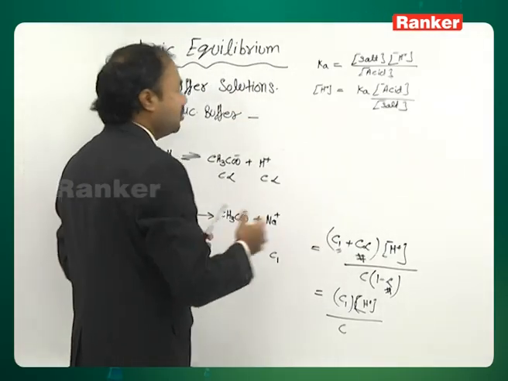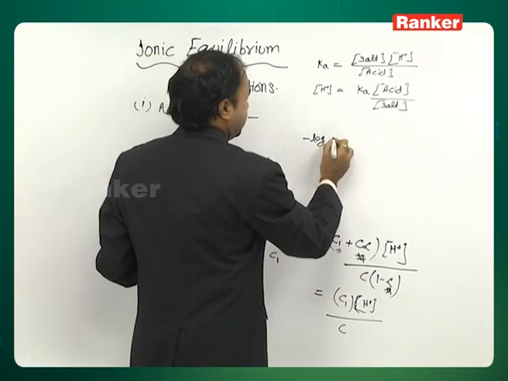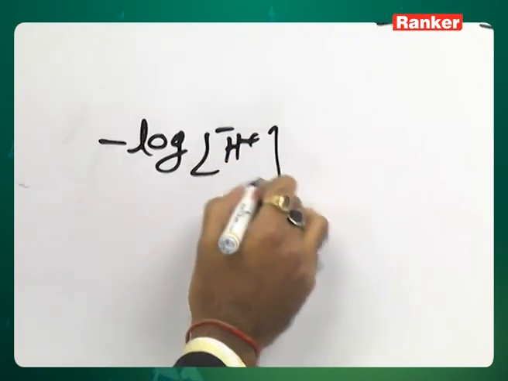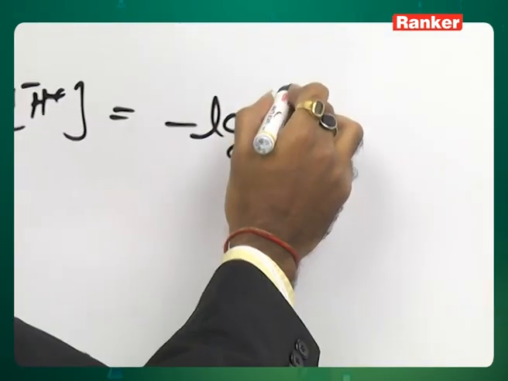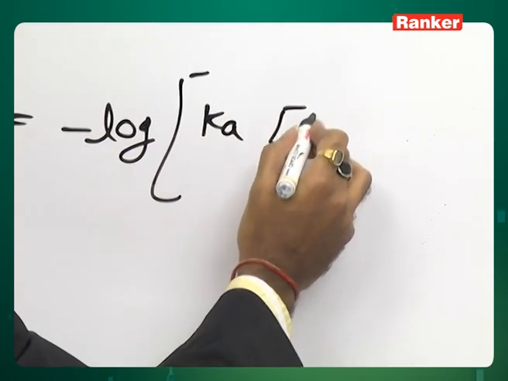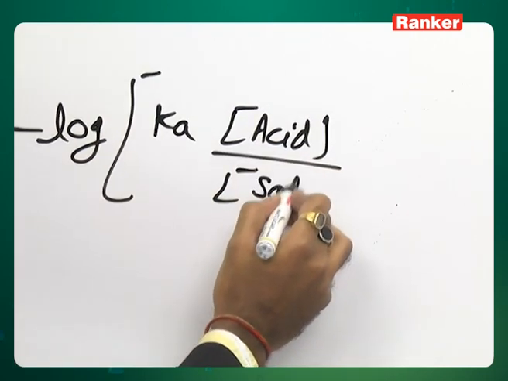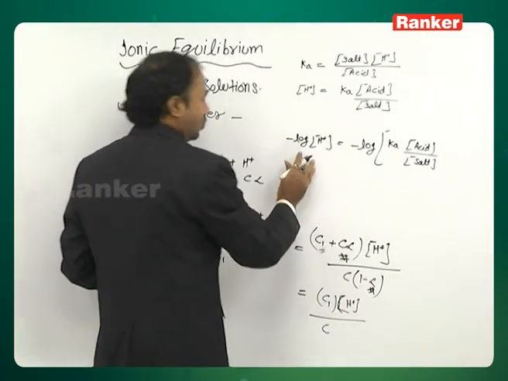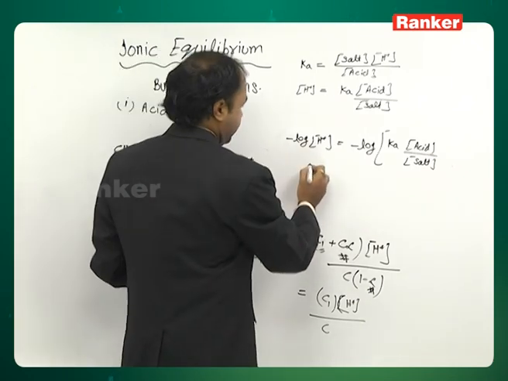We take minus log on both sides. So minus log of H plus ion becomes pH.